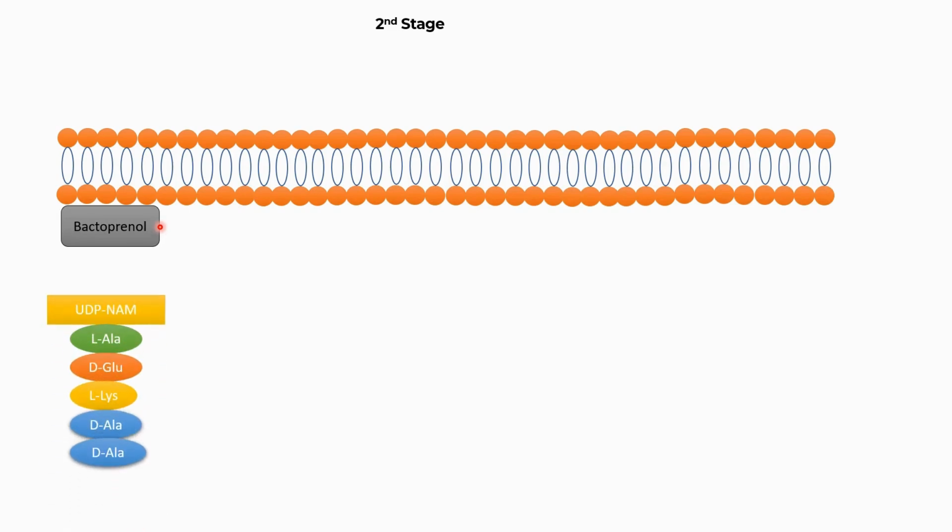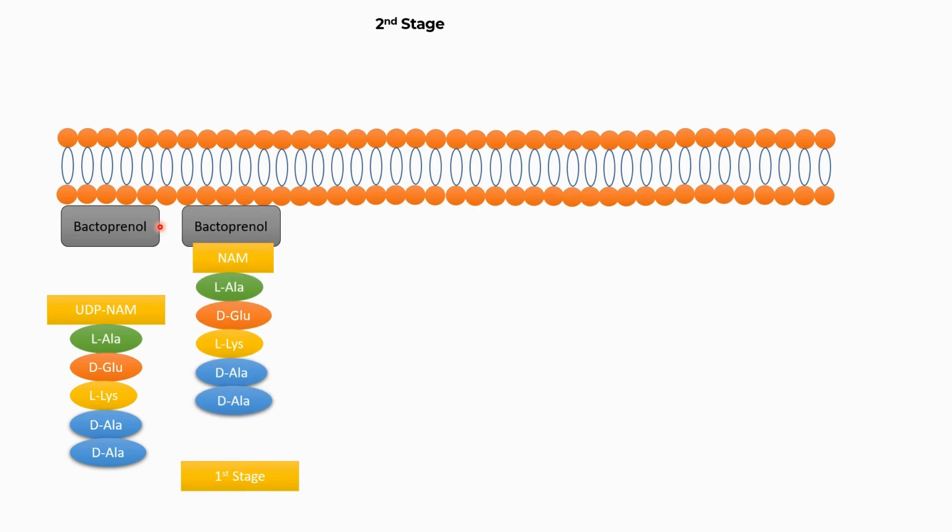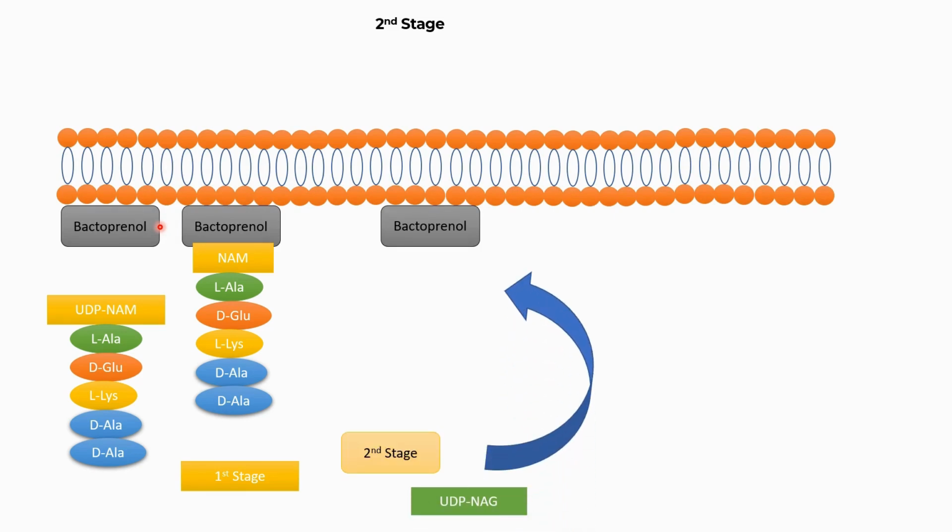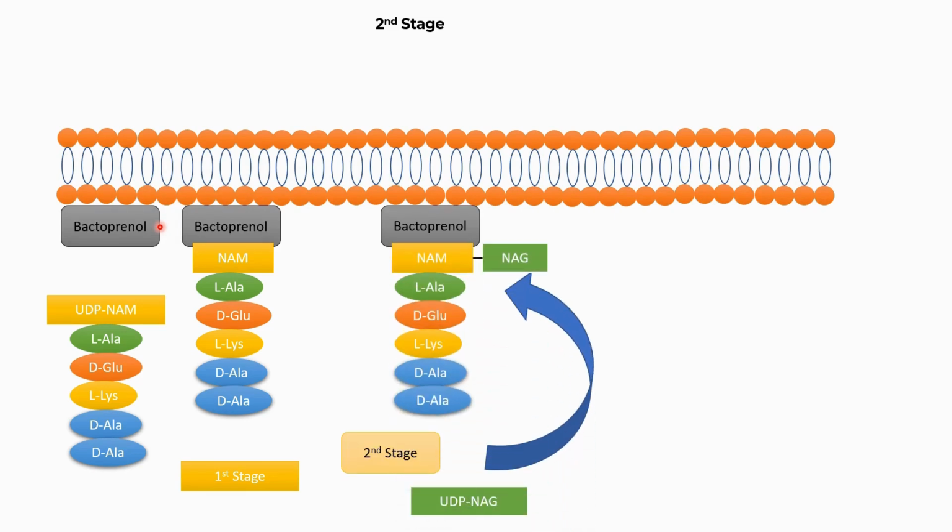Initially, UDP-NAM and peptide links are available for use. Bactoprenol attaches to the NAM and the peptide link. Subsequently, UDP-NAG is utilized and attached to the bactoprenol-bound NAM in a second step.